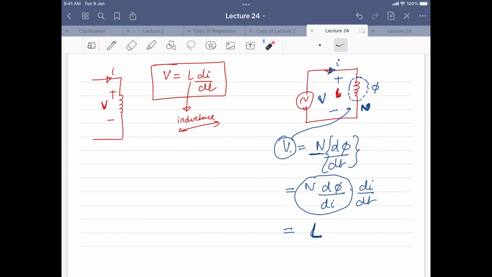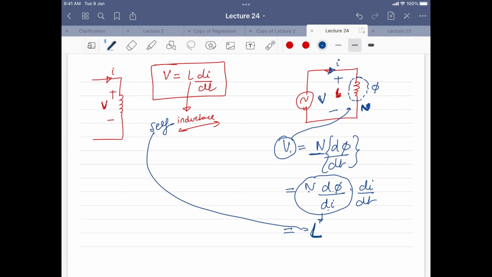Earlier, when we were discussing inductance, we were calling it inductance only, but now we will introduce another term related to it, called self inductance. Why we call it self inductance will become clear in a second. This particular L, denoted by N d phi by di, is the self inductance. So here now we have this self inductance.